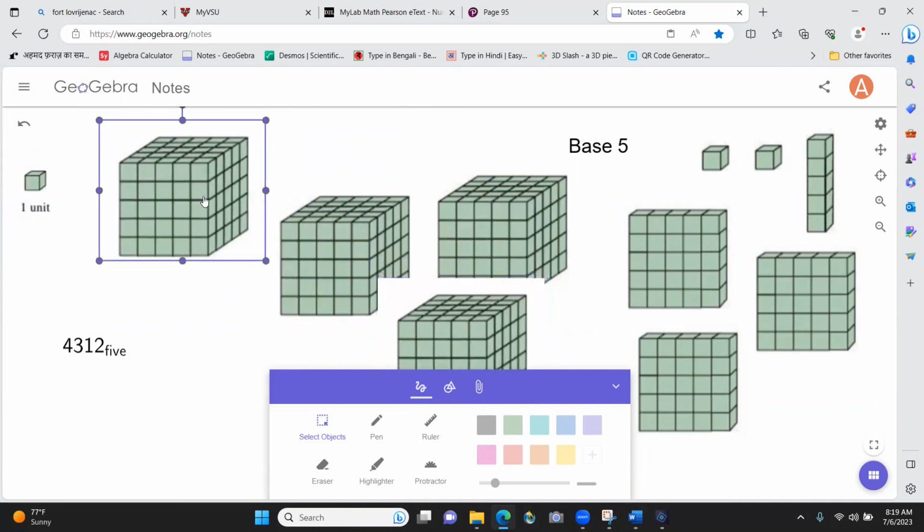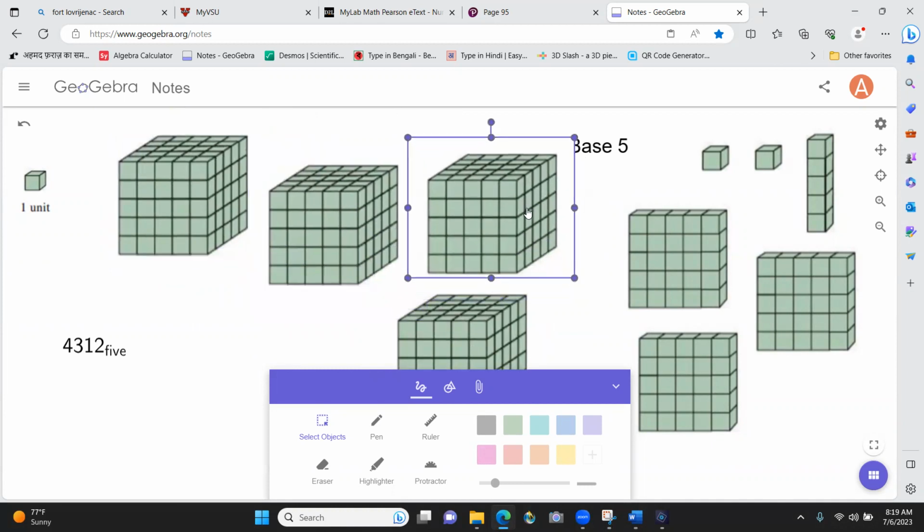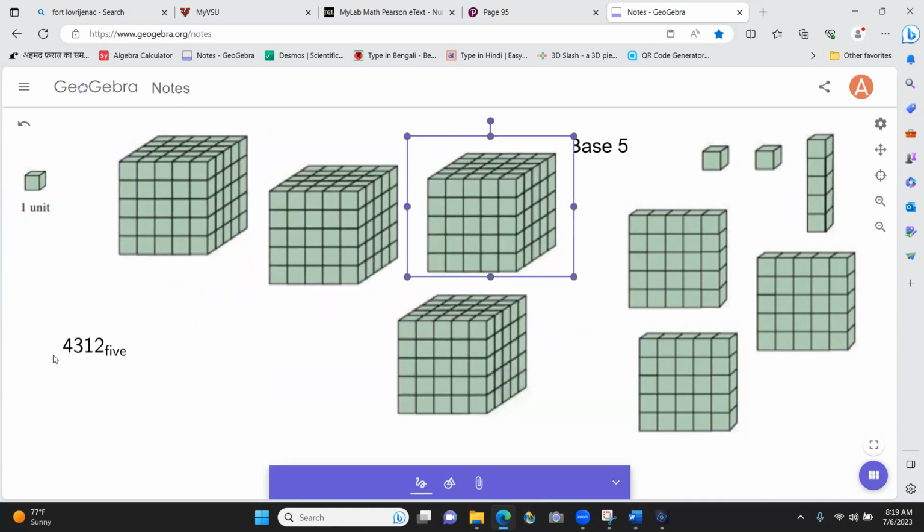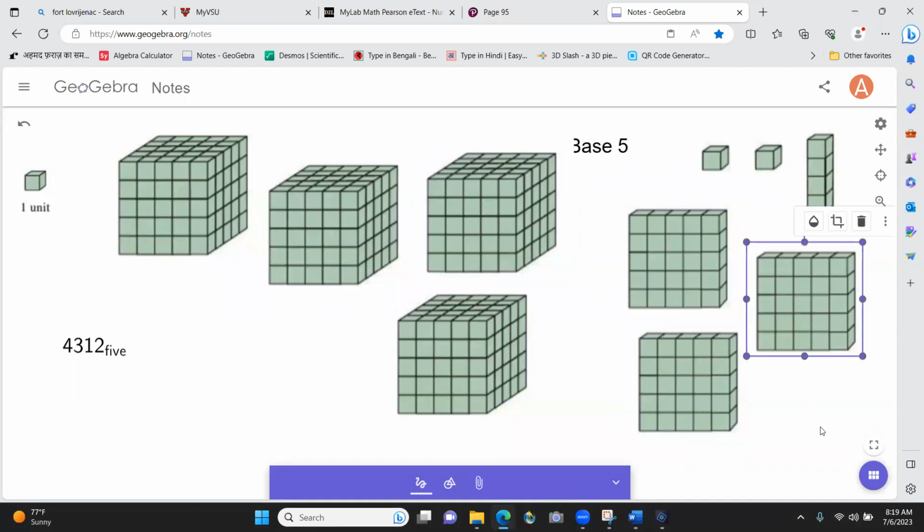Now, I have represented this number. Four of those big blocks, each block is 125. Three of these slabs, each is 25. One of these rods, each is 5, and then two loose ones.